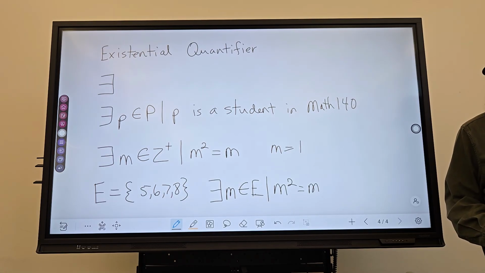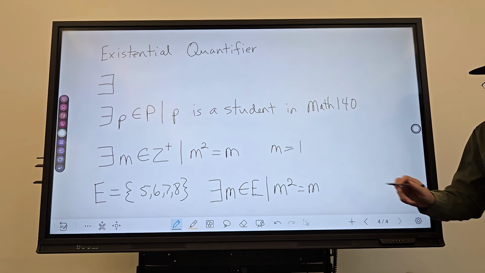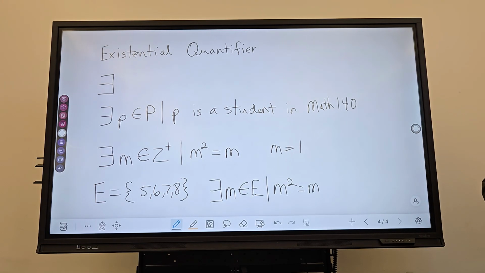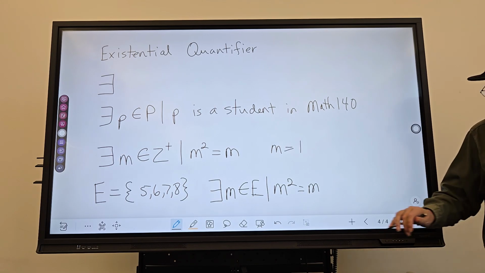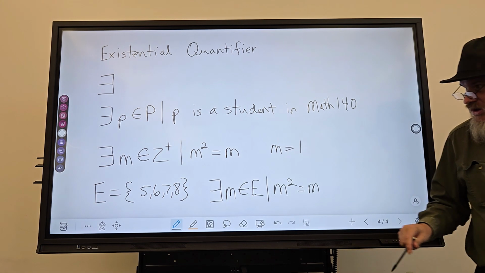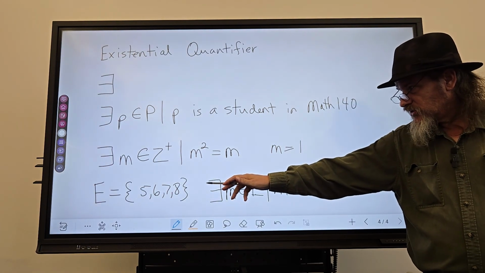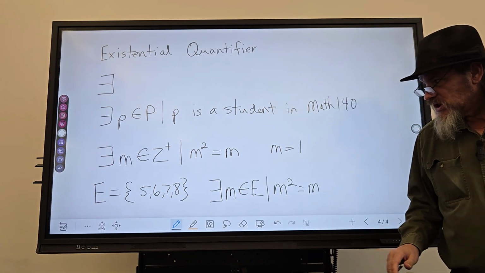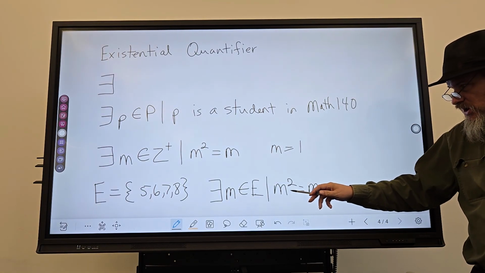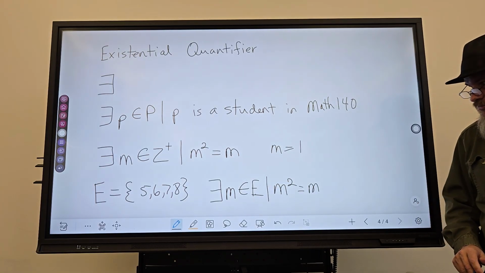To show it's true, all you need is one example. To show it's false, you need to demonstrate that all elements of the domain make the predicate false. So is that true or false? False, because 5 times 5 is 25, and 36, 49, 64 are your squares, and none of those are elements of E.